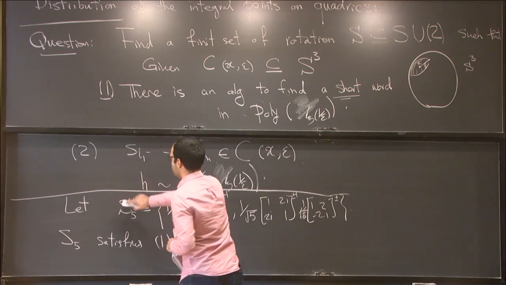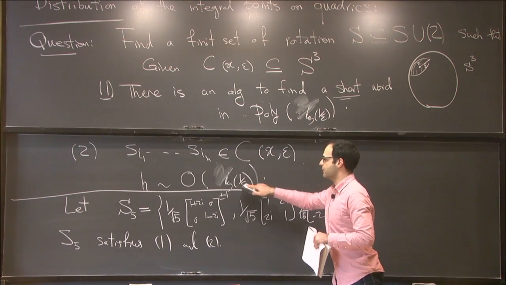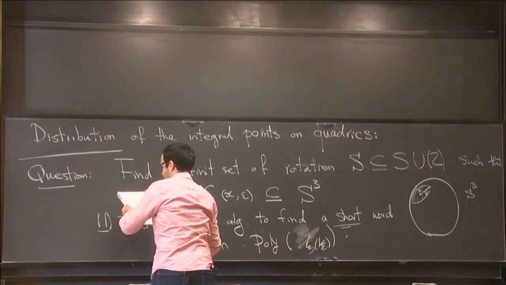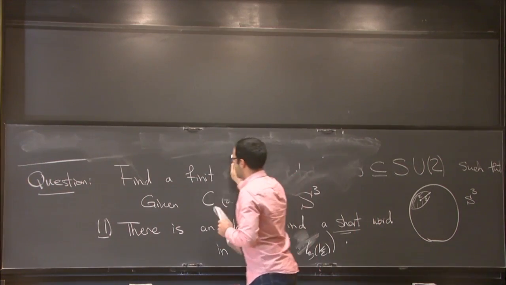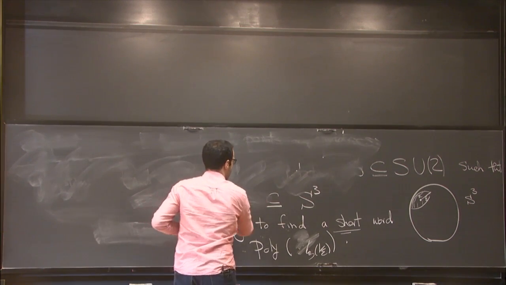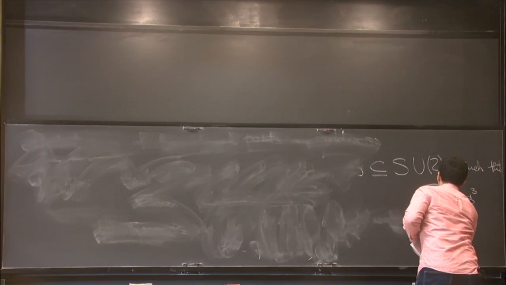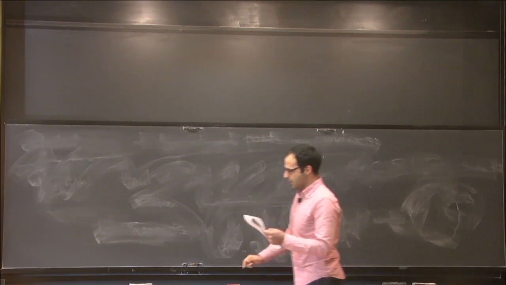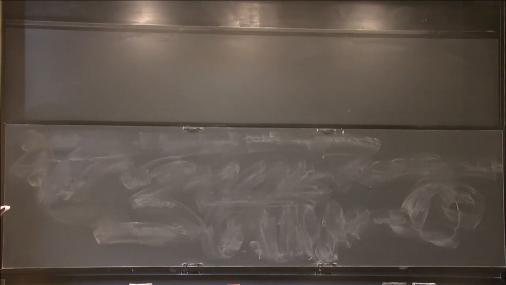So I'm going to talk about the bounds on the length of h in terms of a linear function in log of 1 over epsilon. For that, I'm going to define the notion of a covering exponent for the integral points on the sphere or any quadrics, and tell you how that is related to this word length h.